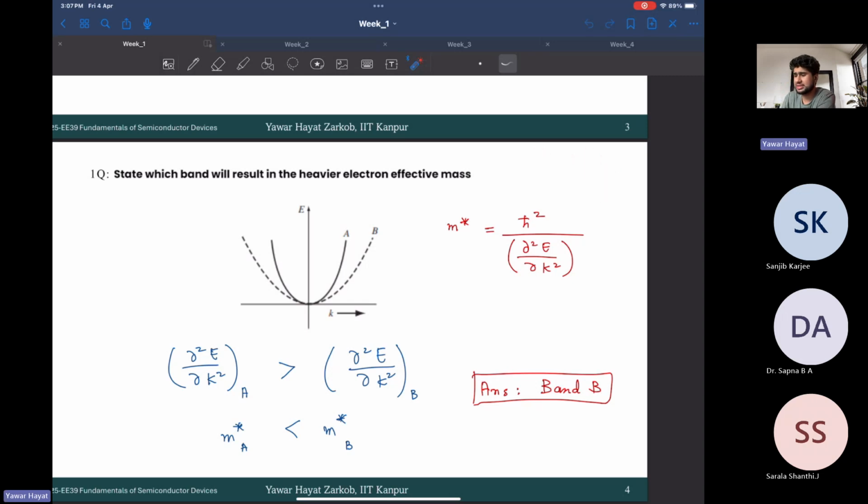Since the curvature of curve A was sharper compared to curve B, what we concluded was that the effective mass corresponding to curve A was less compared to the effective mass corresponding to curve B. Since we were asked to find which one has the heavier electron effective mass, we concluded that band B has the heavier electron effective mass.